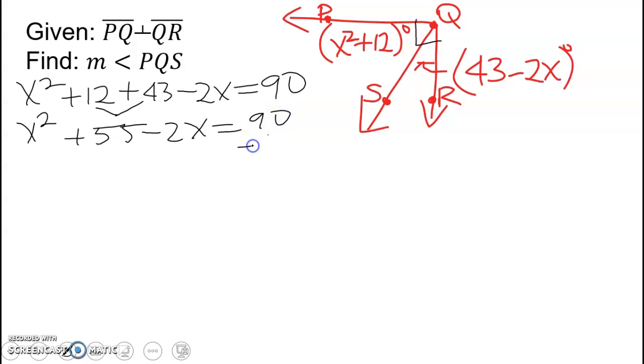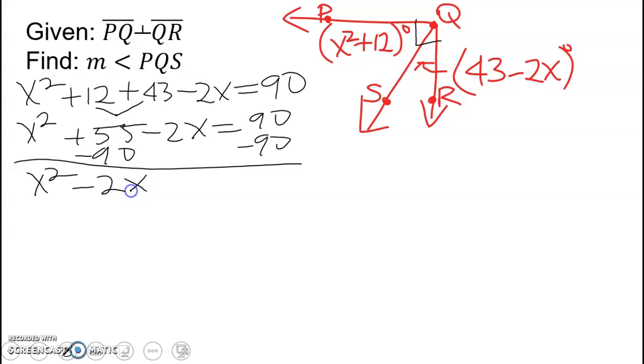Now we can subtract 90 from both sides, subtracting from like terms. So we have x squared minus 2x, and 55 minus 90 gives negative 35 equals 0. Now what two numbers can we multiply to get negative 35 and add to get negative 2?